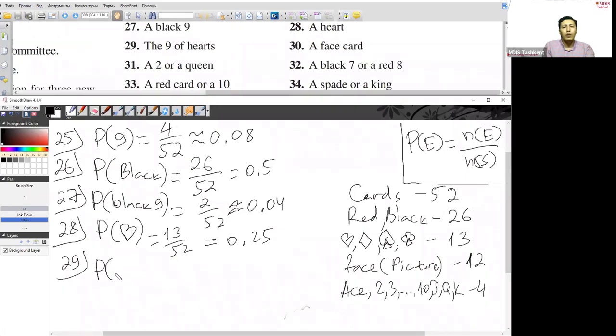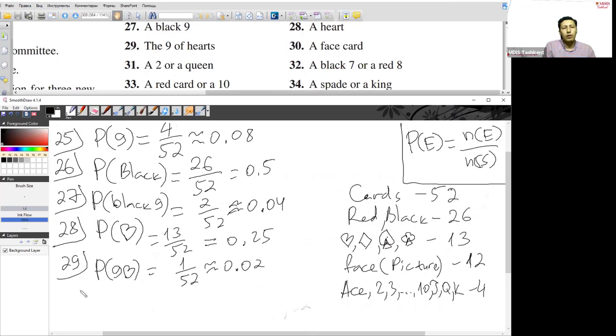Probability of getting 9 of hearts. How many 9 of hearts do we have? Here we have only one 9 of hearts. Therefore it is 1 out of 52, which is 0.02.